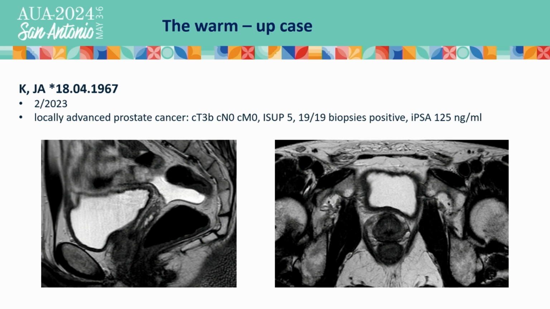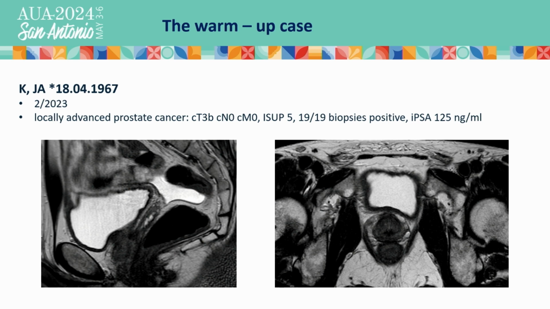This is a young patient who had been diagnosed with locally advanced prostate cancer. It was a clinically T3b cancer, also on the multiparametric MRI. We had involvement of the seminal vesicles. There was no evidence of lymph node or systemic metastases. He had an ISUP 5 in 19 out of 19 biopsies, and his initial PSA was 125.